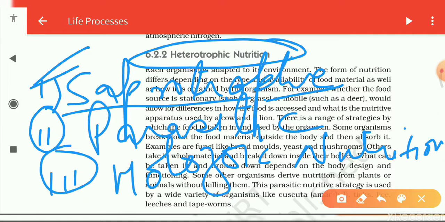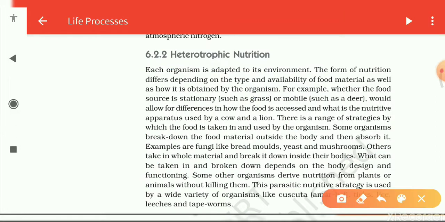Now I will give you important lines from this paragraph. You can note this one, that heterotrophic nutrition is divided into saprotrophic, parasitic and holozoic nutrition. Let's see in the paragraph here. Here it is given.